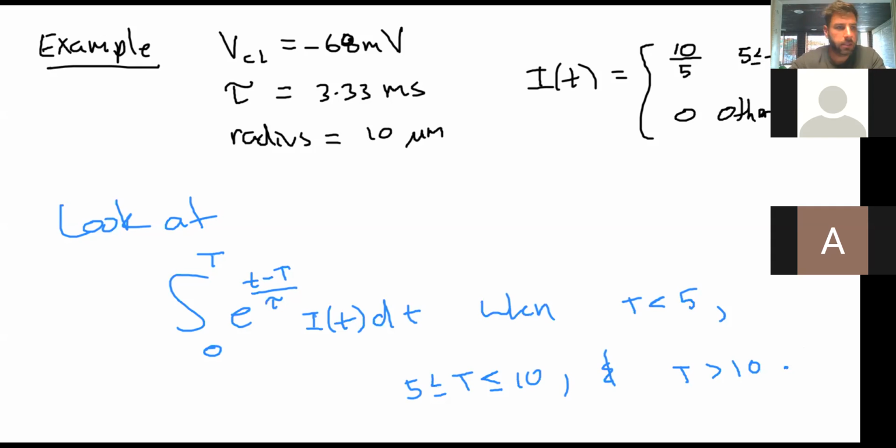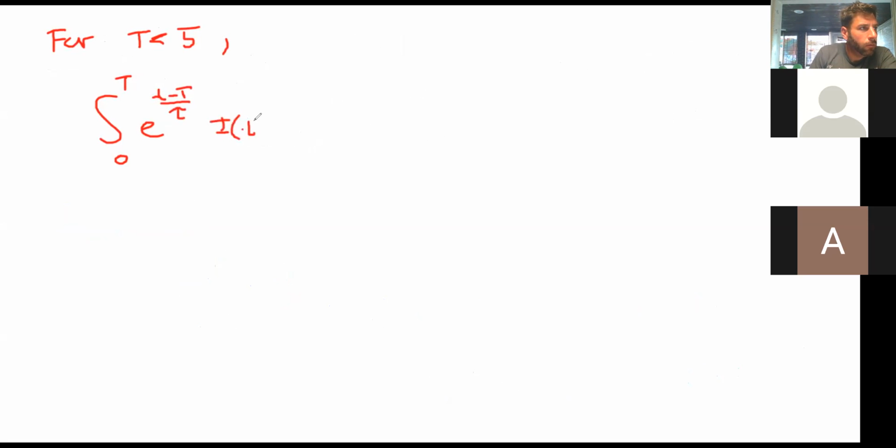Okay, so let's think about what this means. For t less than 5, what does this integral look like? Here's what you have to understand.